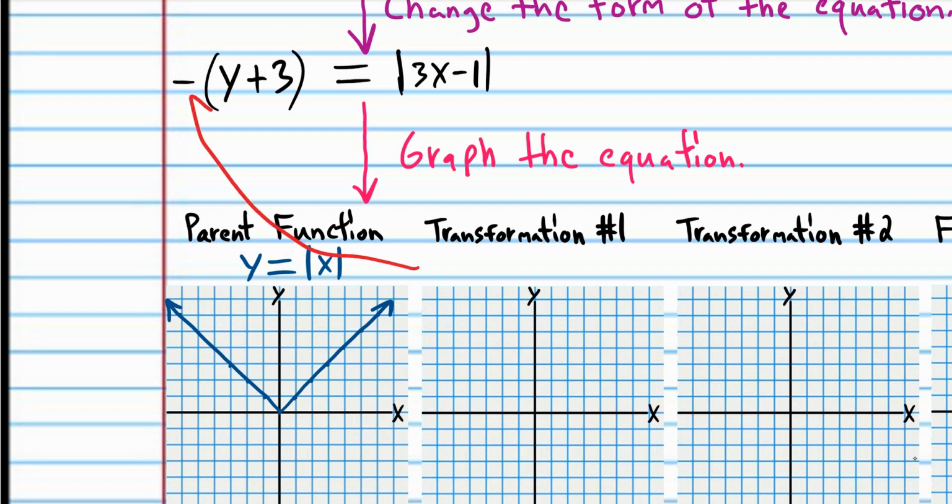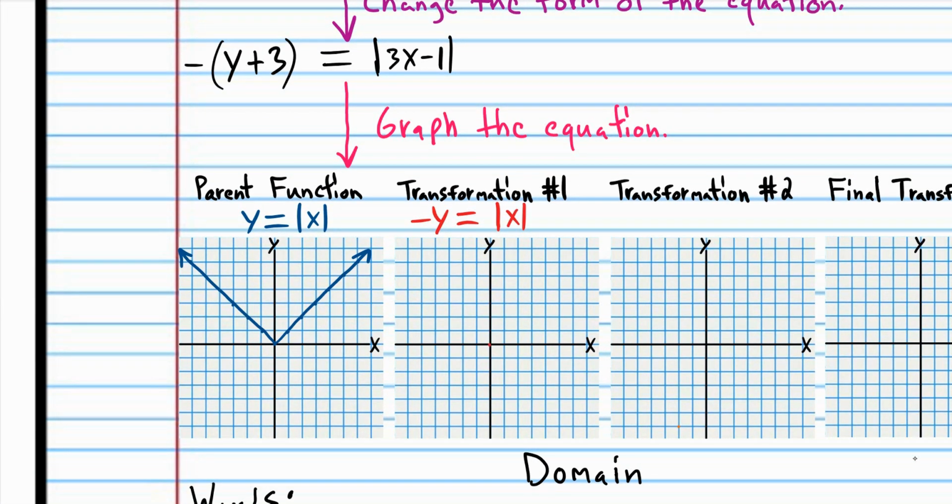We know what to do if we write a negative in front of y and y alone, but we would have to put a negative in front of y plus 3. So we need to reflect first. So that reflects across the x-axis.